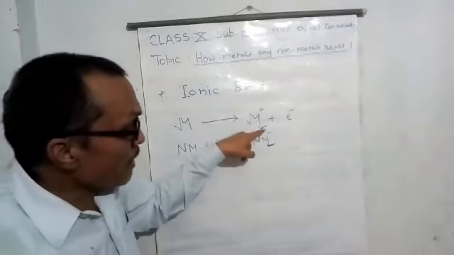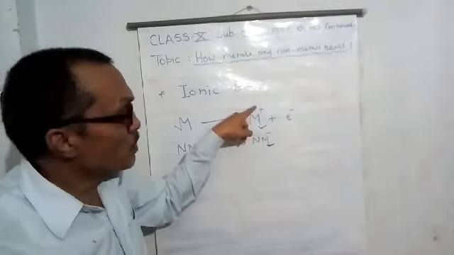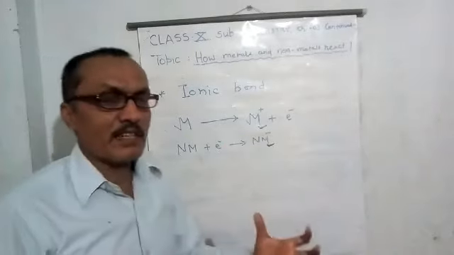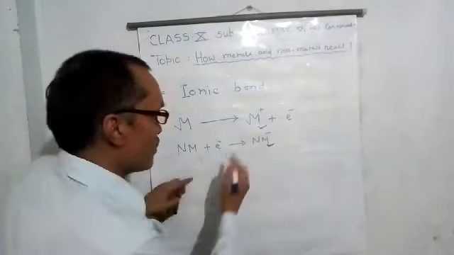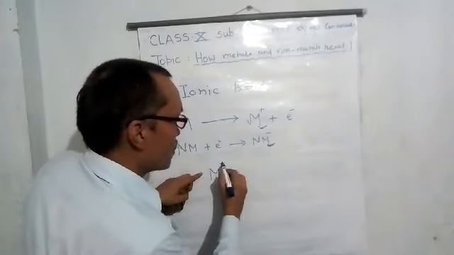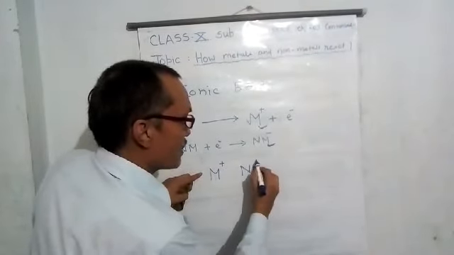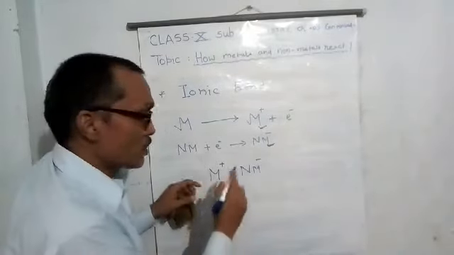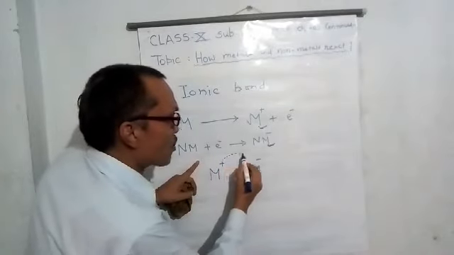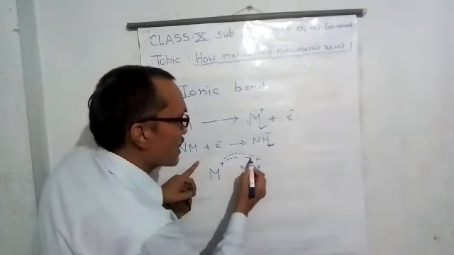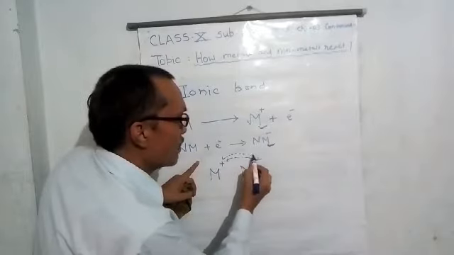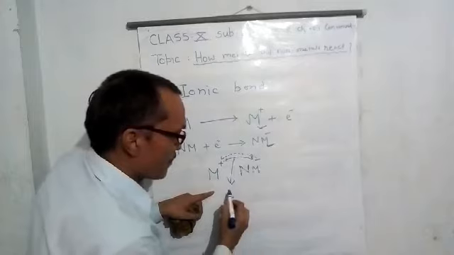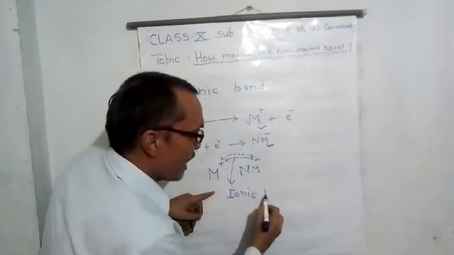Now these two types of ions create a force, and that force holds these two atoms together by a strong Coulombic force of attraction, and this force is known as ionic bond.